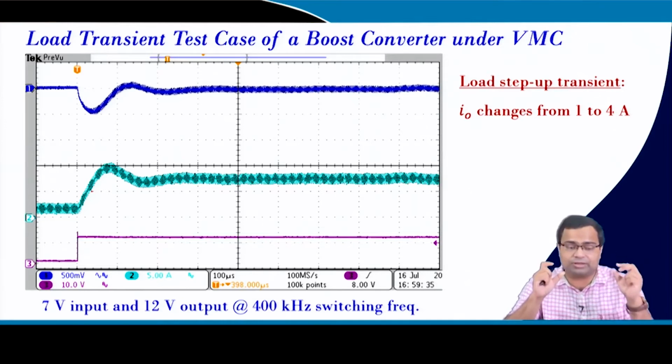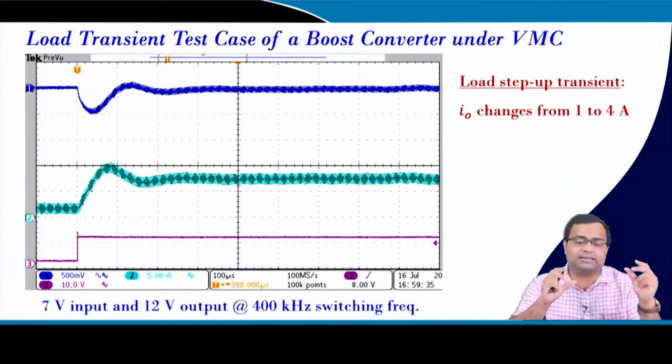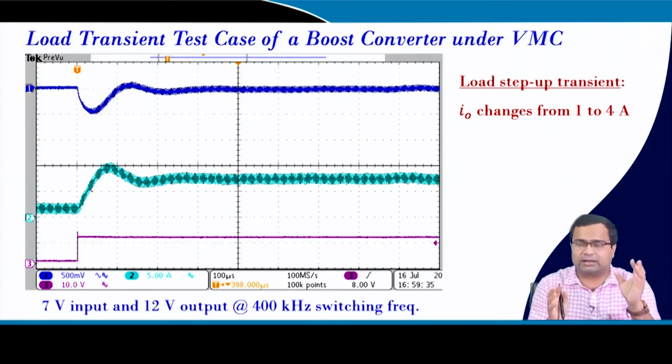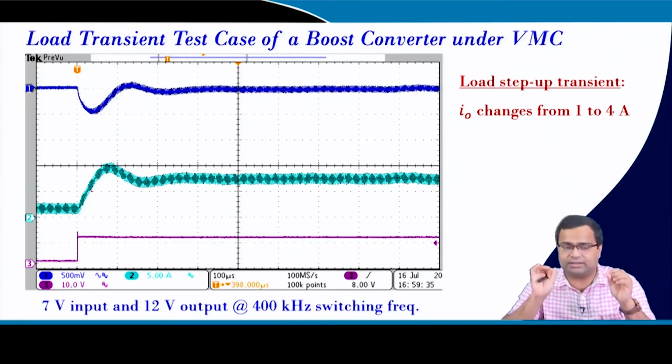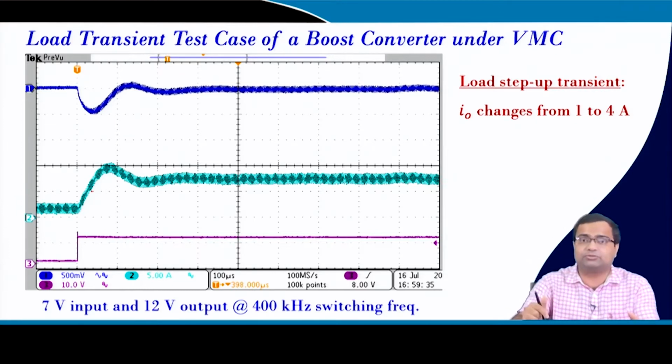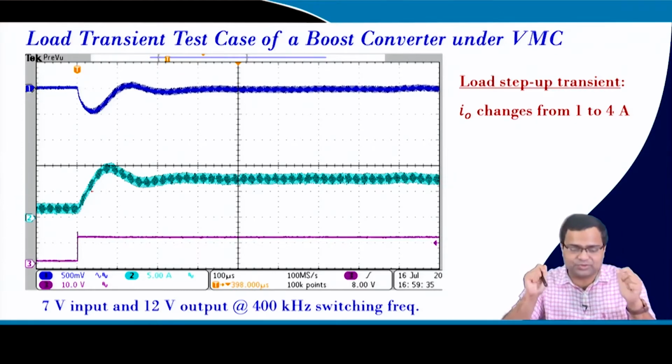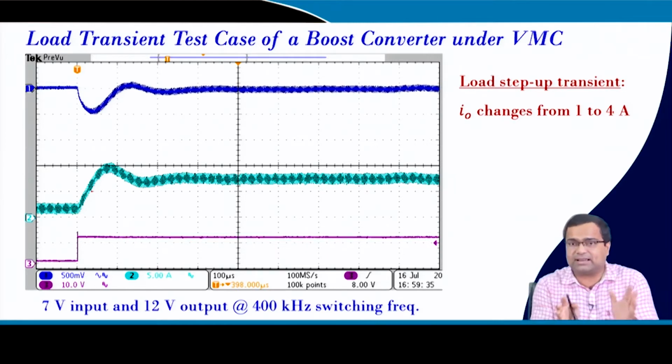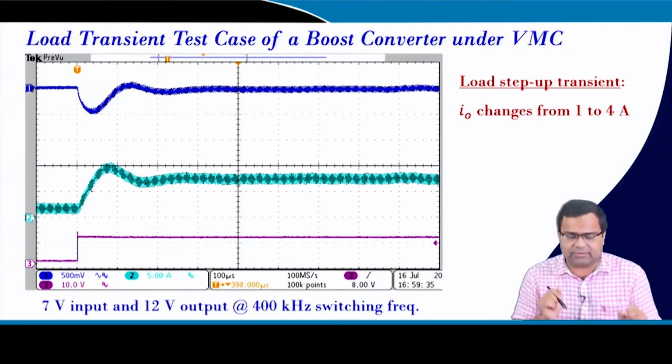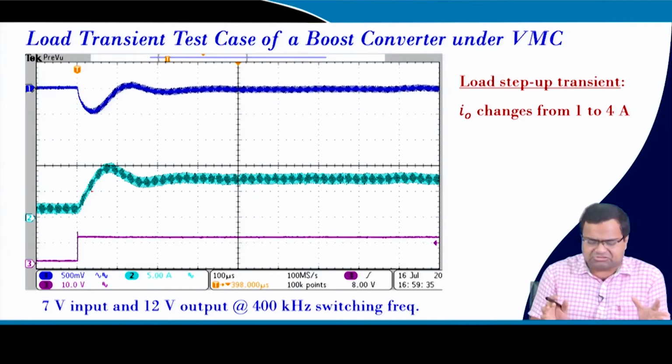But suppose we bought an IC, this boost converter, and we want to test in the laboratory what its performance is. So, here I am showing a load transient performance. We have made the converter and we are testing whether it is meeting our requirement or not. This is under voltage mode control, and you can see that the transient performance is not good.